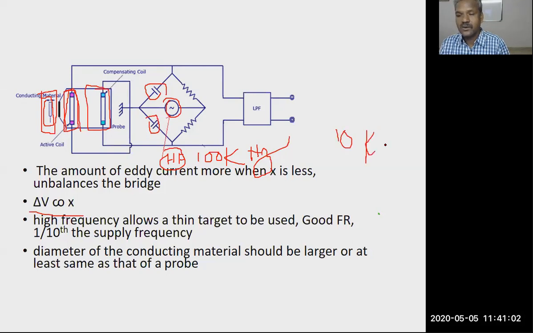Why are we using a low pass filter here? Because the carrier gives very high frequency, so the low pass filter rejects the high frequencies and passes only the low frequencies.